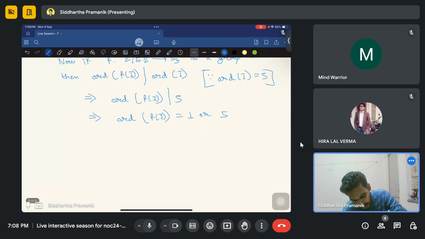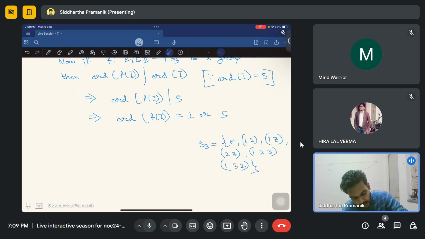Let's write S3. S3 is the identity, (1 2), (1 3), (2 3), (1 2 3), and (1 3 2). The identity element has order 1. These are 2-cycles, so they have order 2. These two are 3-cycles, so they have order 3. So it has no element of order 5. So the order of f of 1 bar must be 1.